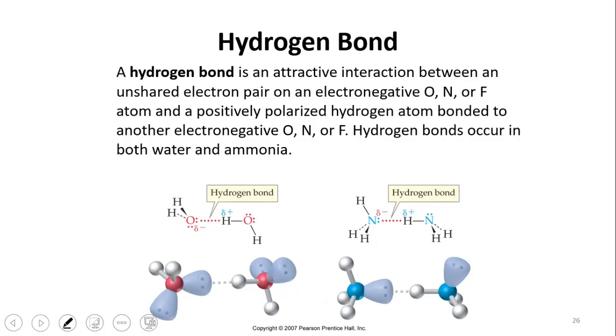So you can see on the left there what happens in water. The partially positive hydrogen on the water molecule on the right is being drawn towards the partially negative oxygen of the water molecule on the left. And you can see it down here. We sometimes draw it in many textbooks, especially, for example, in biochem textbooks, as a dotted line between them.